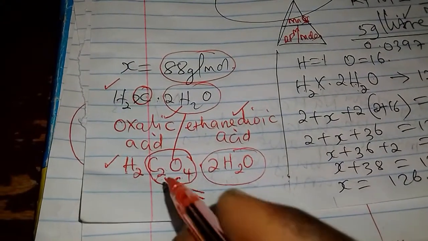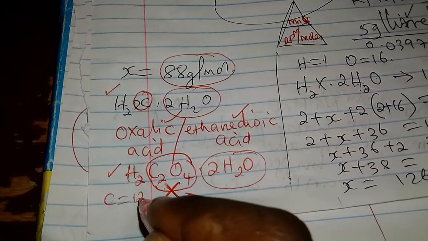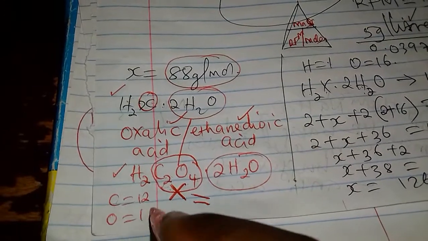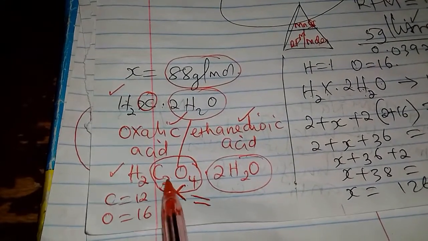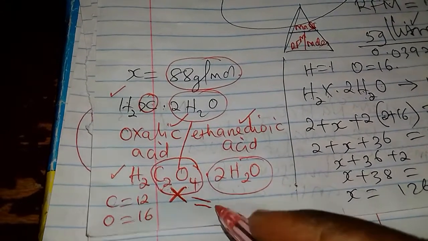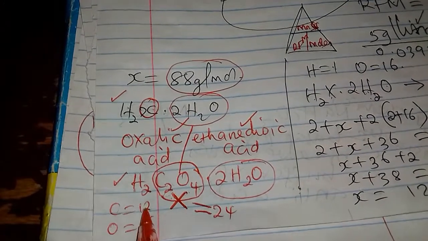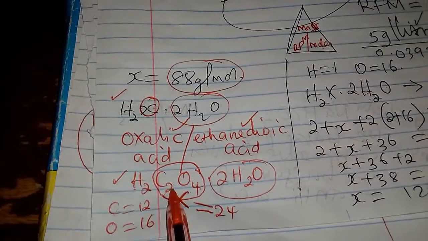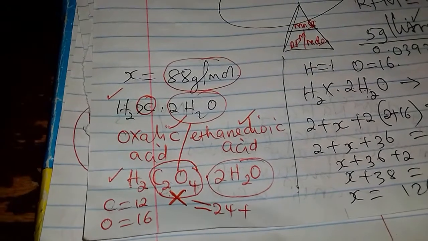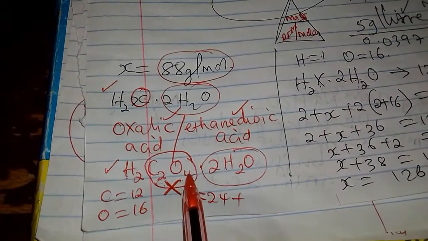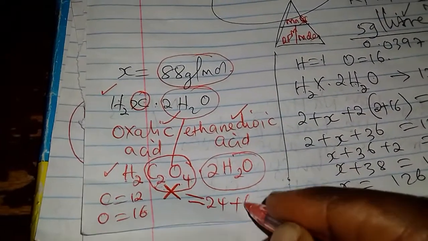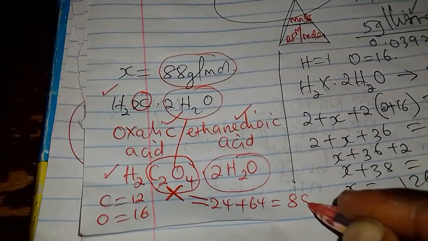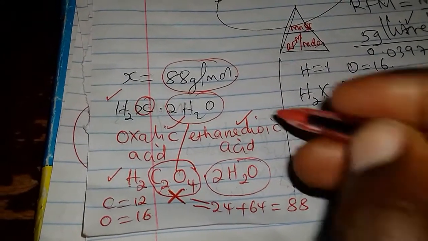Let's try and see. Carbon is 12 and oxygen is 16. One carbon is 12, but there are 2 carbon atoms, so 12 times 2 is 24, plus oxygen is 16, but there are 4, so 16 times 4 is 64. That gives us 88. Good.